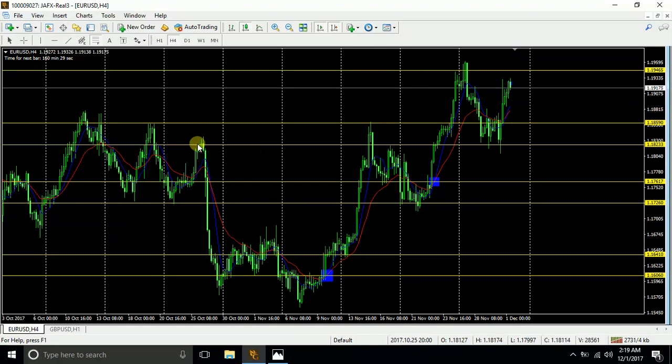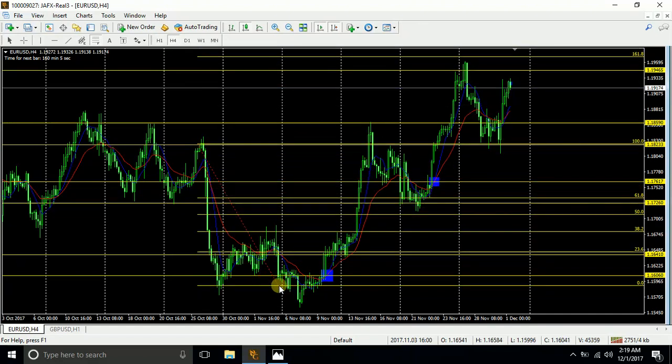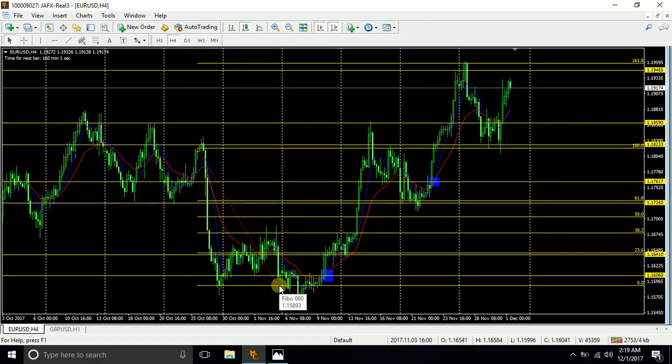So let's draw our Fibonacci from this, because we want to draw a Fibonacci after a rally, okay? What I mean by rally is not a slow move like that, but an aggressive move like this. Here, a real strong, bold, and aggressive. We'll take our Fibonacci, draw from that high to that low.